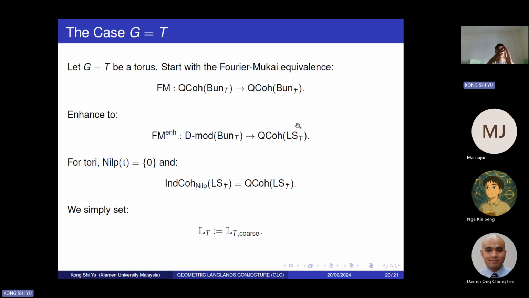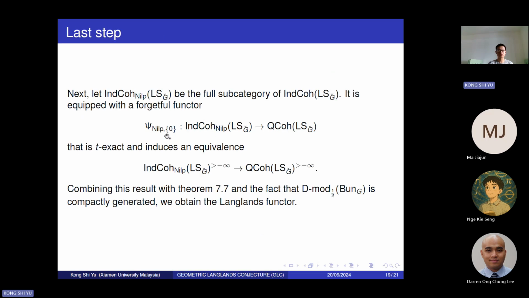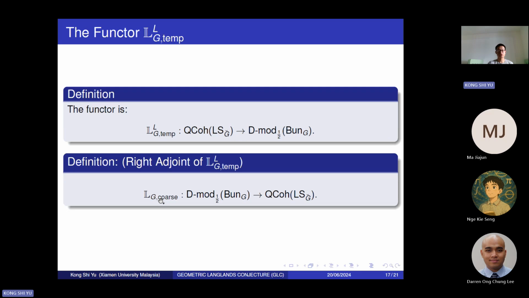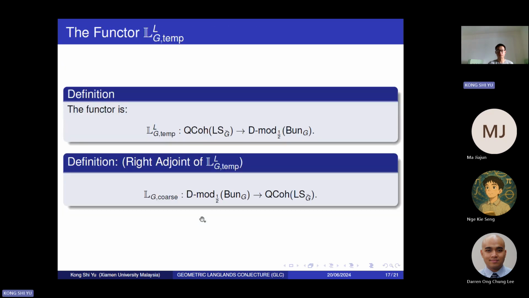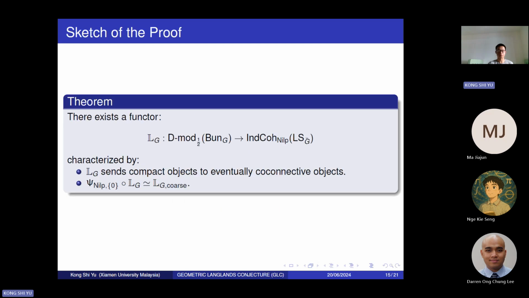You can think there is a commutative diagram, and we can see that this enhanced Fourier-Mukai functor corresponds to the coarse Langlands version functor in our general case. So getting the Langlands functor out of this is very simple: just set the coarse version of the Langlands functor to be our Langlands functor. That is basically what I have done so far in my project.